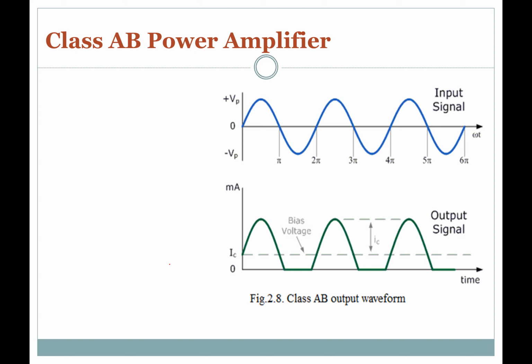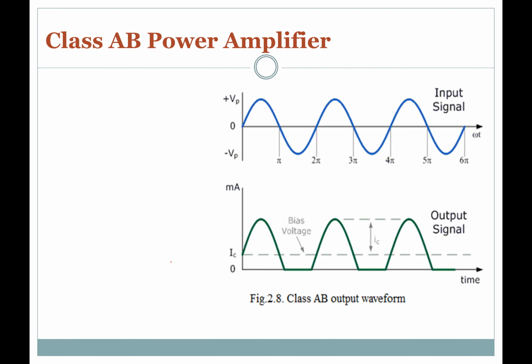Now, class AB amplifier operation still needs a push-pull connection to achieve a full output cycle, but the DC bias level is usually closer to 0 base current level for better efficiency.